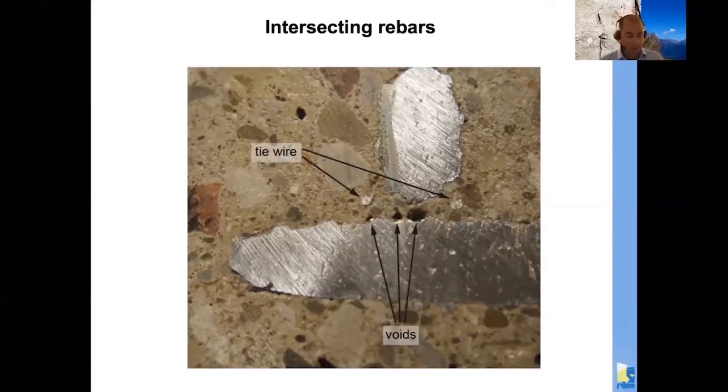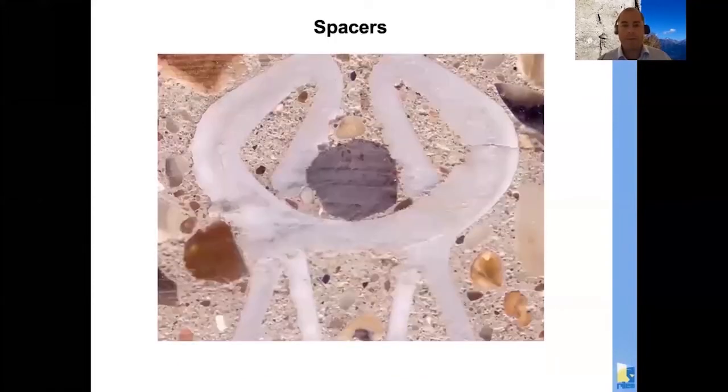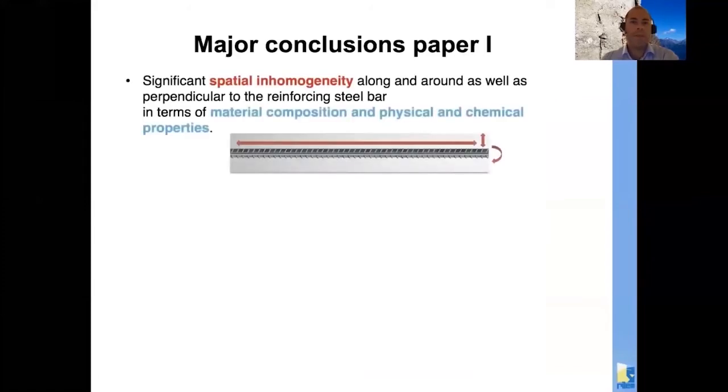So this is a feature that has not received much attention, but may also play an important role. And of course, spacers such as plastic spacers also dramatically change the condition at the steel-concrete or steel-spacer interface.